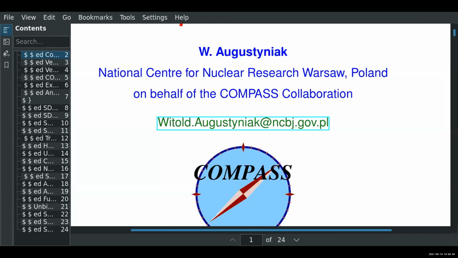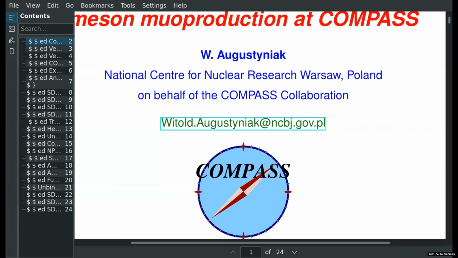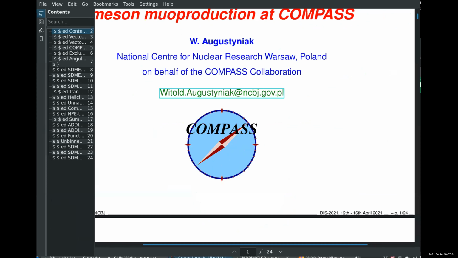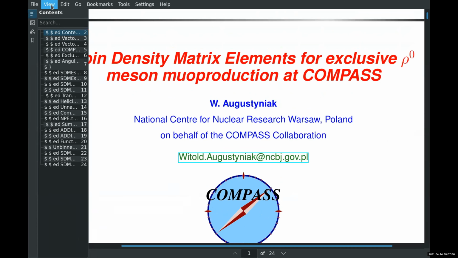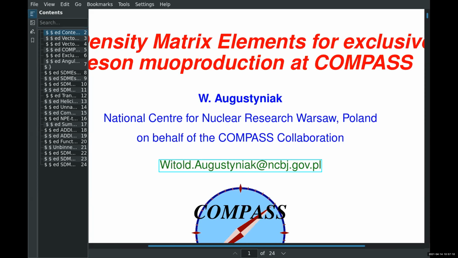Zoom in. Can you please repeat full screen?